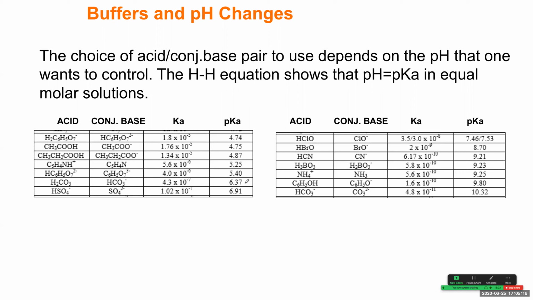That would control the pH at about 6.37. That's a little lower than blood. In our blood, the bicarbonate is a little higher. It's a little more base in the buffer, which raises the pH to just above 7. Here's acetic acid and acetate. That's a buffer that would control the pH at 4.75.